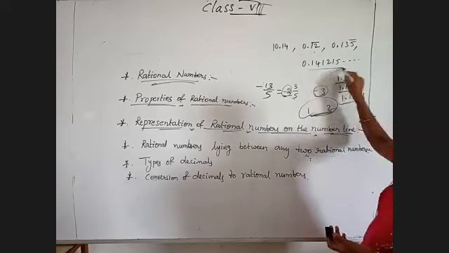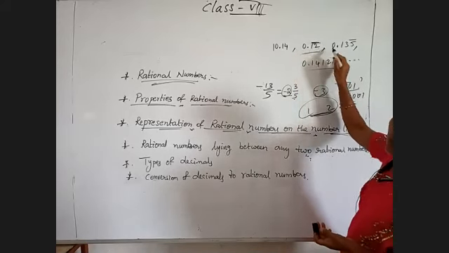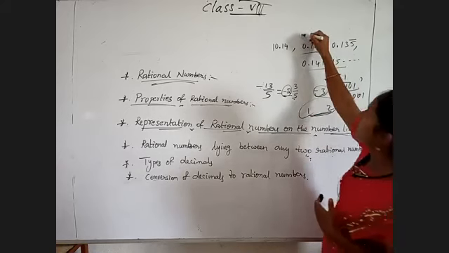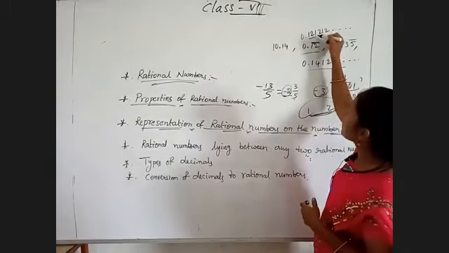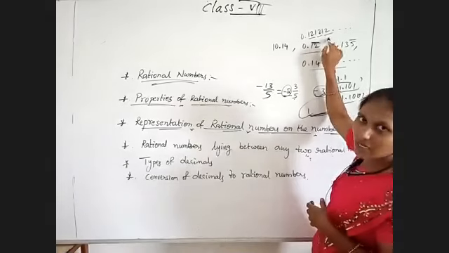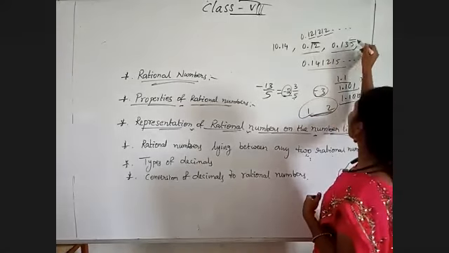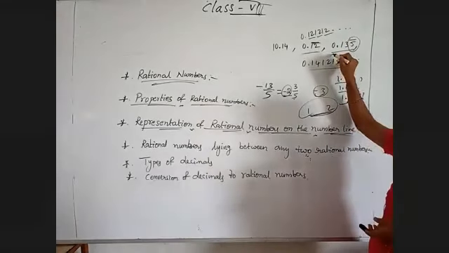Coming to this value, 0.12 bar means in this number 12 repeatedly comes, that means 0.12 and so on. So this is a non-terminating repeating decimal. And coming to this one, here only 5 is repeating. This also comes under non-terminating repeating decimals.